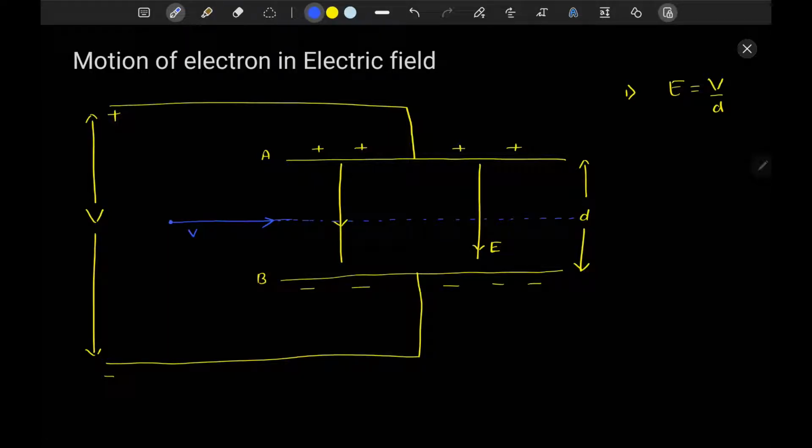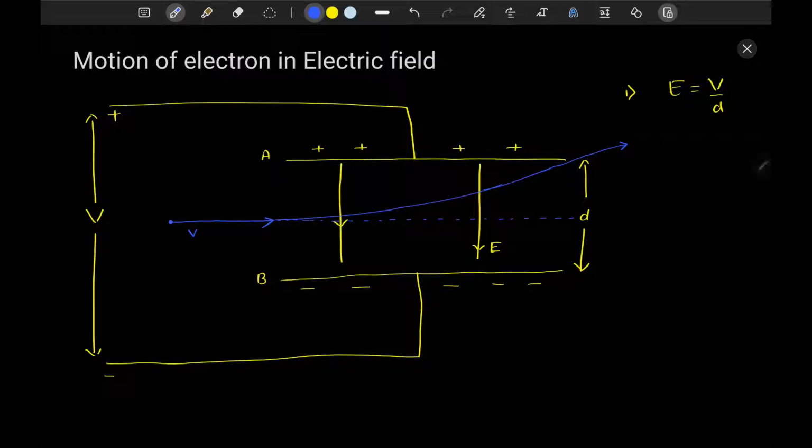The path will be directed towards the positive terminal, because of the attraction force from the positive terminal.